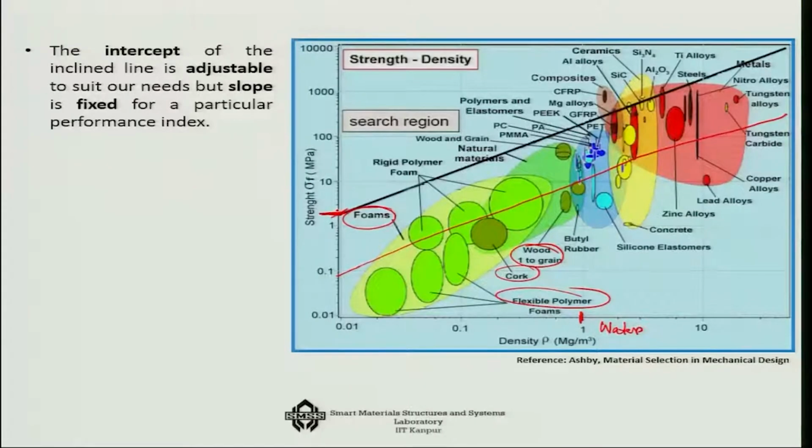And then what comes into the picture? Gradually, if we go up, we start to see at the higher density side some of the high performance polymers like PEEK, polyether ether ketone, polyaniline, PMMA, this type of polymers will come. After that, from the yellow group we go to the plastic group.